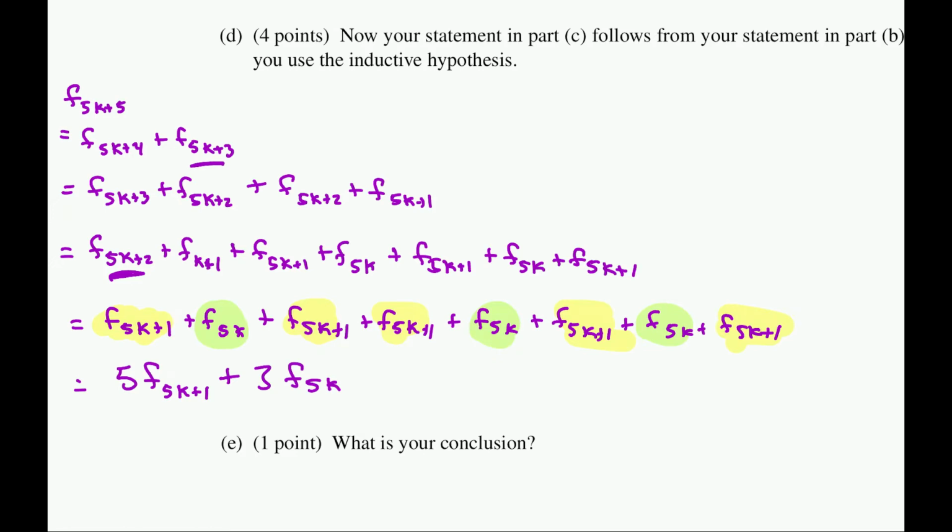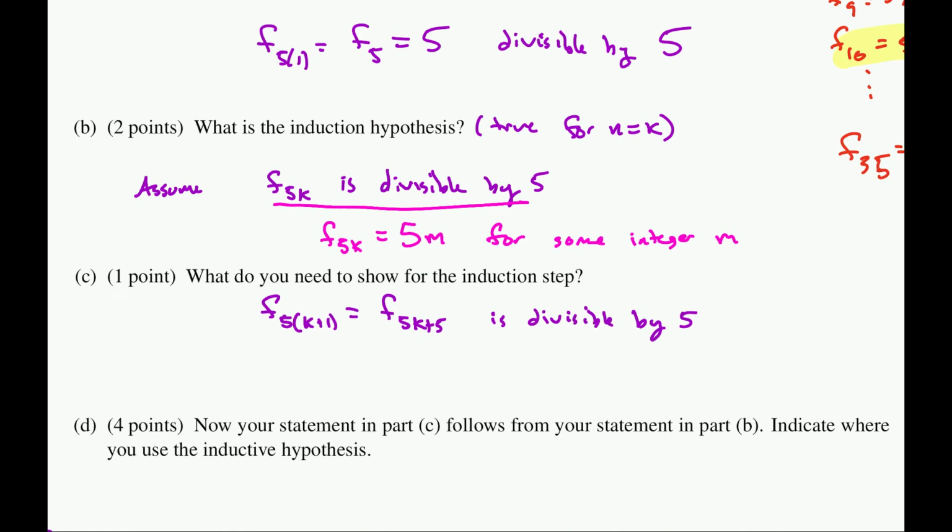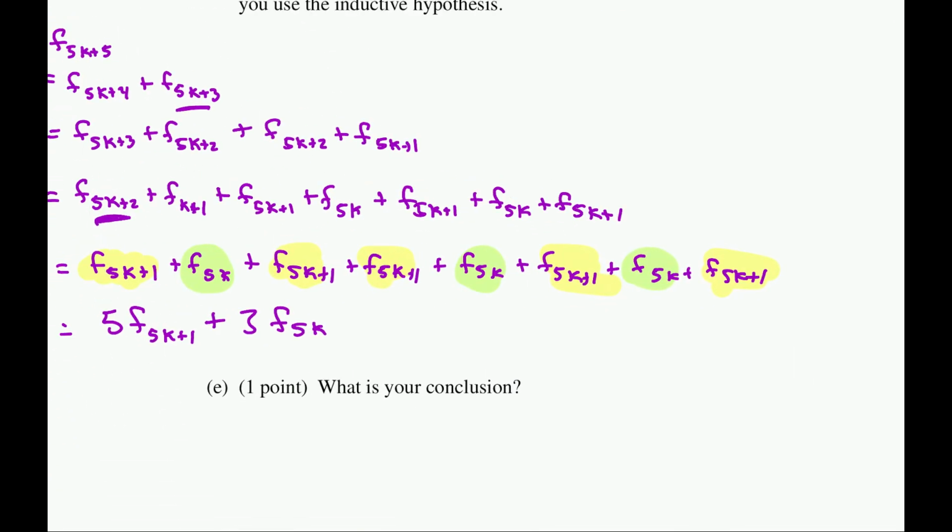But then this is where you get to use the induction hypothesis, because by the induction hypothesis up here, f(5k) is 5n for some integer n. So you can say, this is equal to 5 f(5k+1) plus 3, and then replace the f(5k) with 5n.